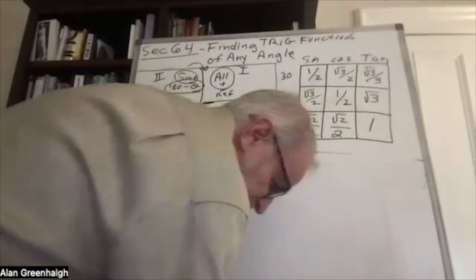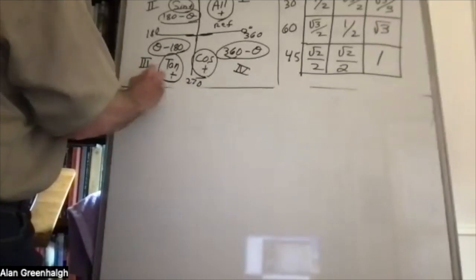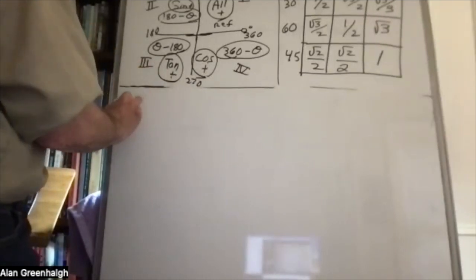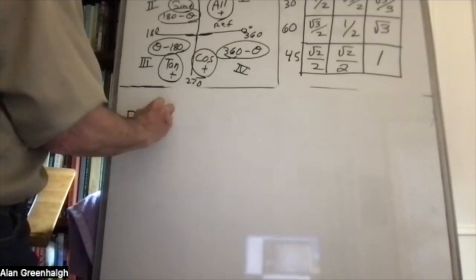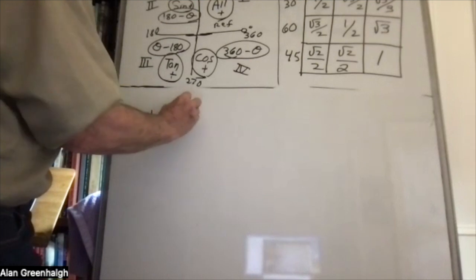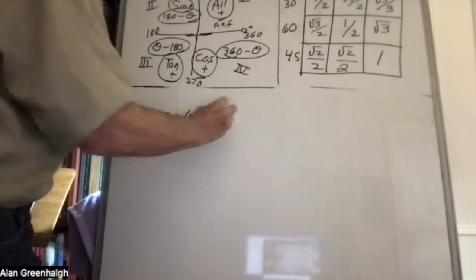Well, let's take an example. Let me give you an angle first. So if the question were find the sine of the angle of 540 degrees.